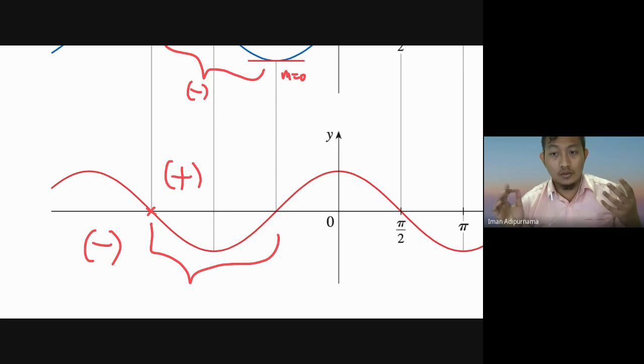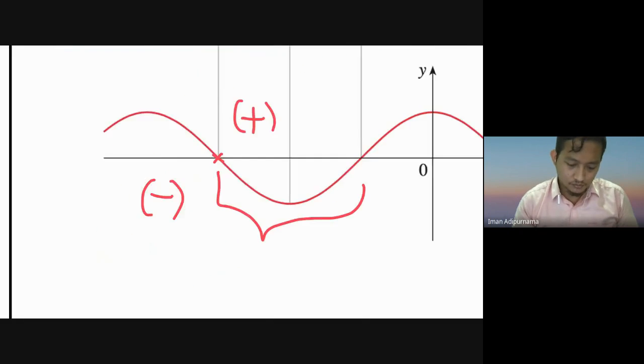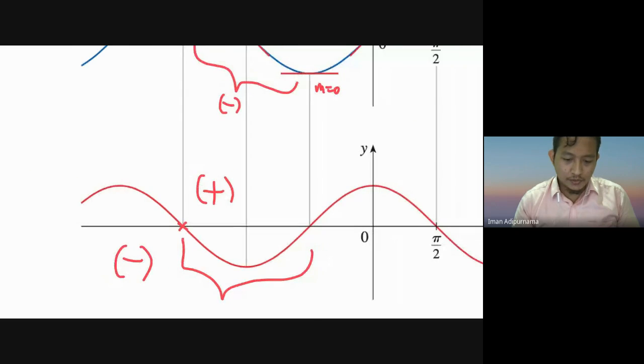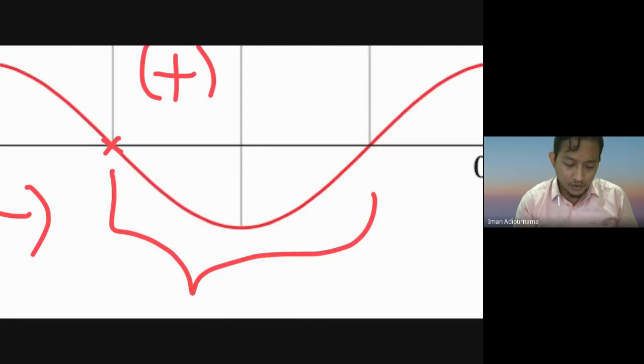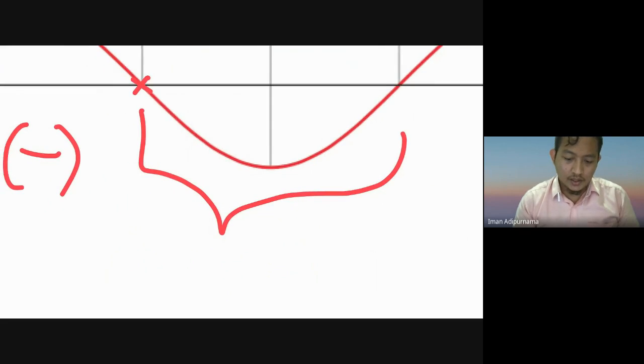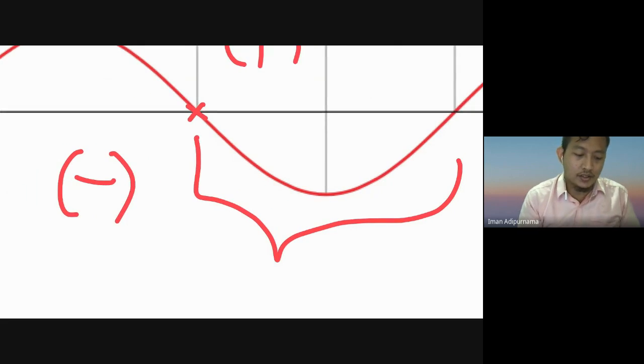Sometimes students find it difficult to differentiate between the function and the derivative, because when they look at here, they think this is the gradient, and oh, it's going down, it's going up, it's negative, it's positive. They forget that this has actually already been derived. So you need to look at the value itself. The value itself is negative, this negative, right?